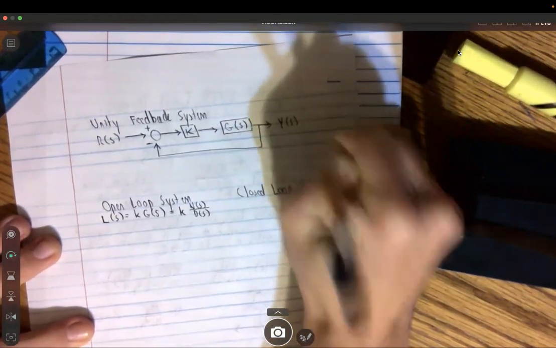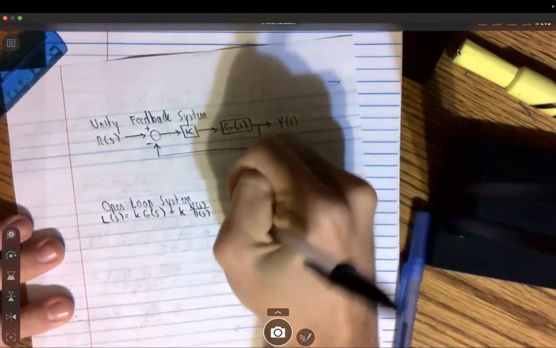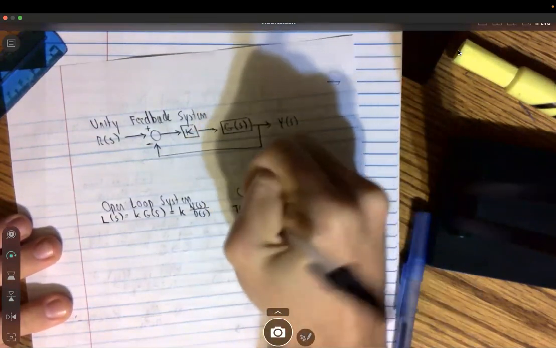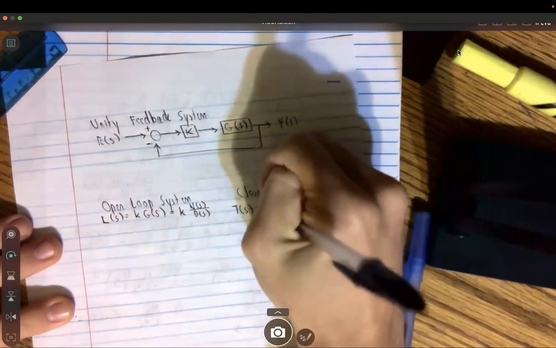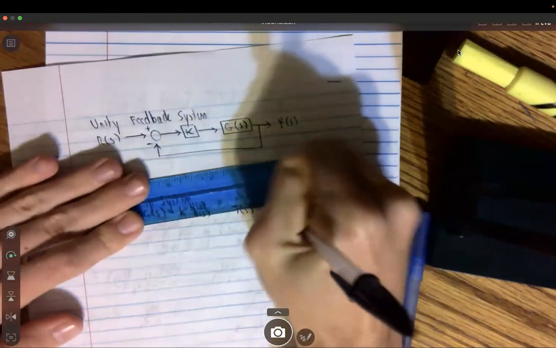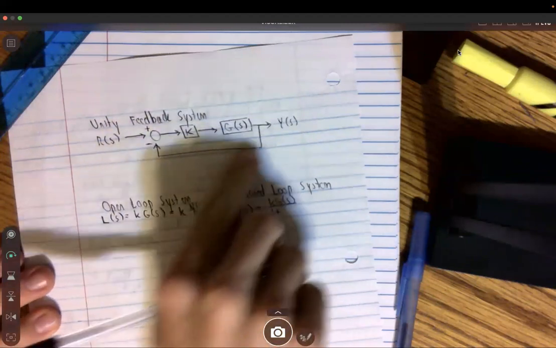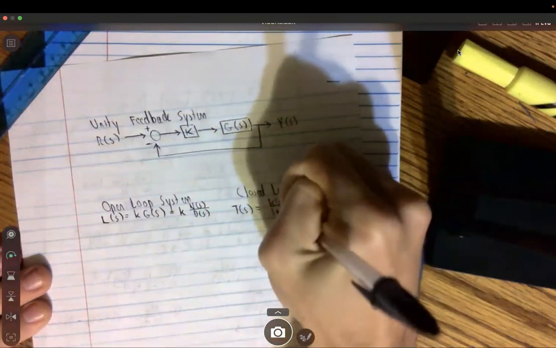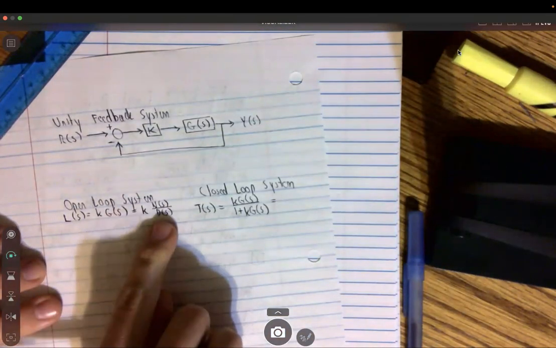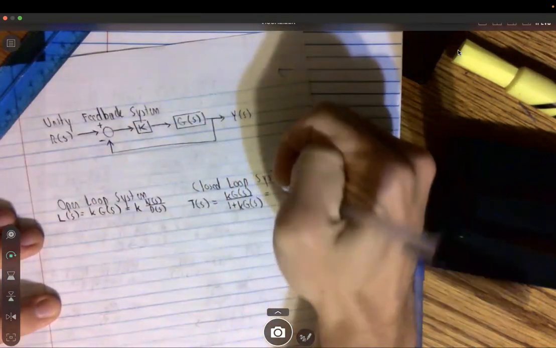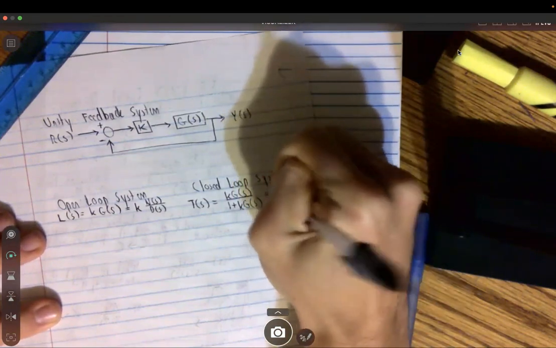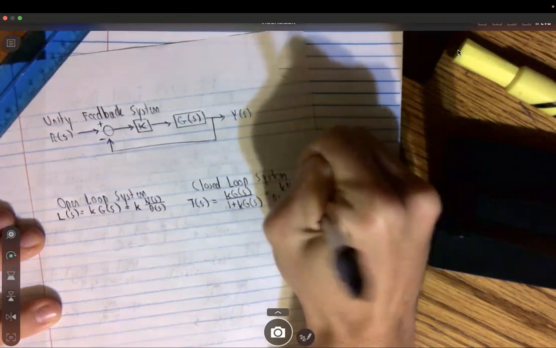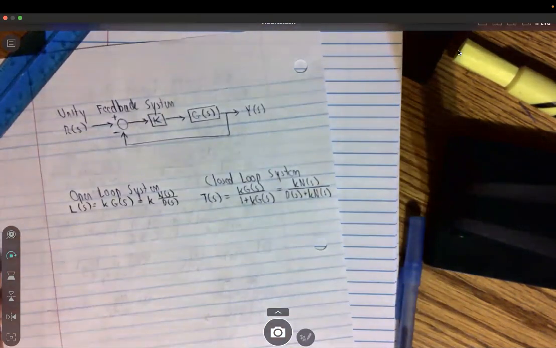And so for that closed loop system, we're going to notice that T of S is going to equal what's your open loop gain, which is K G of S, all over 1 plus, and then our feedback is unity, so it's just K G of S. And then when you write G of S in terms of N of S over D of S and substitute that in, you're going to get K N of S all over D of S plus K N of S. And so that's what we're going to see for a closed loop system.